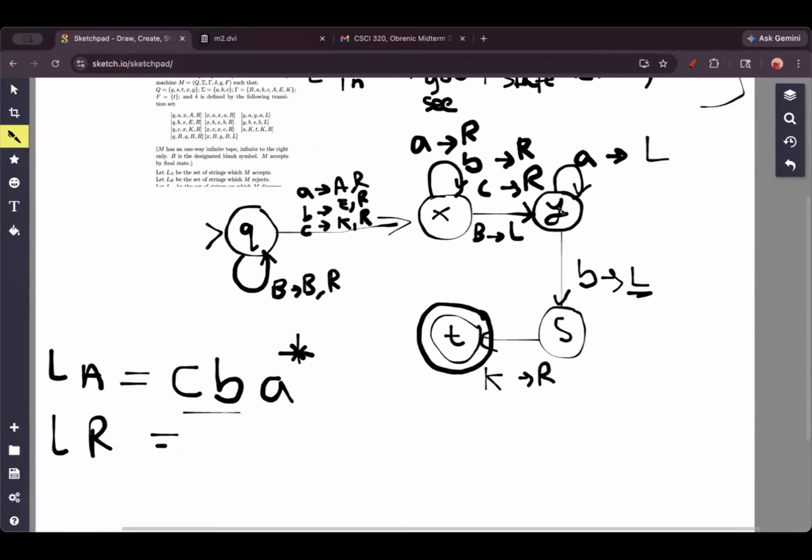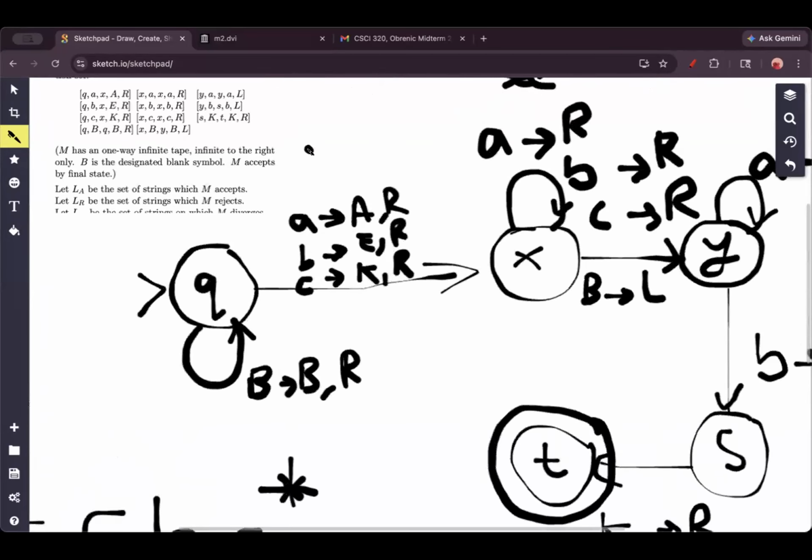And then in Y, I would get stuck if I saw a C. Because for A, I could loop any amount of times over here. For B, I'll switch to S, but for C, I have no instructions. There's nothing over here that would signify what I would do at C.